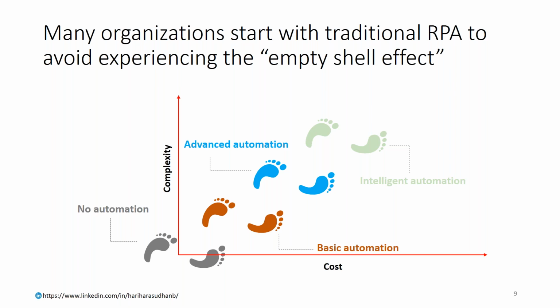Basic automation does not cost so much, so a lot of organizations can spend money on basic automation, while implementing a machine learning algorithm or a higher level of AI needs a lot of money, and there is no guarantee that it would work out. So a lot of people will be very skeptical about it.